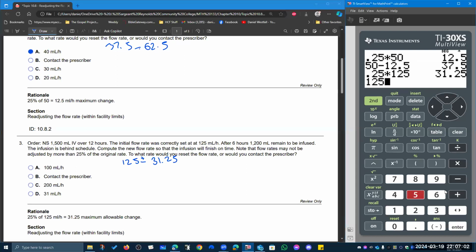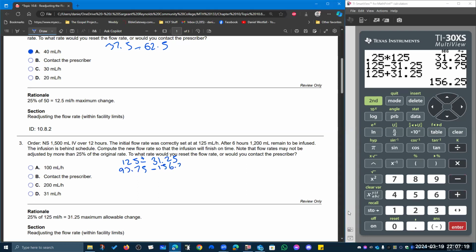That's 125 minus 31.25, which is 93.75, to 125 plus 31.25, which is 156.25.